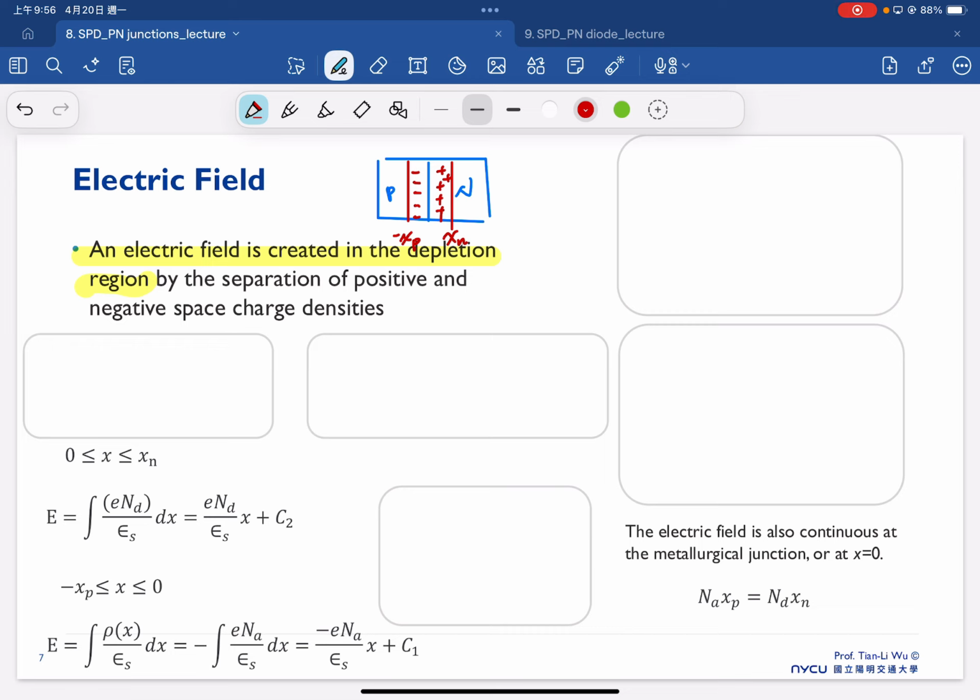To start to estimate the electric field, we use a very basic equation that we call the Poisson equation.